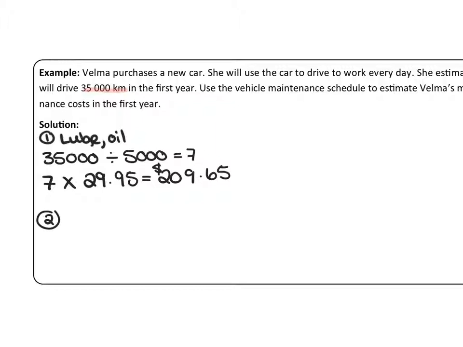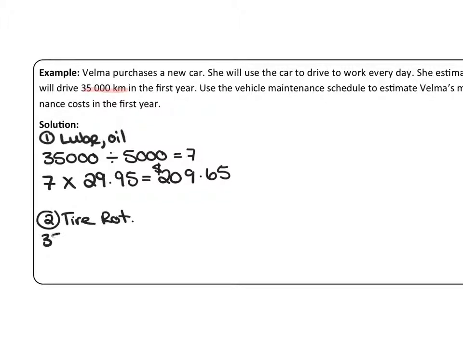Let's do the second one. I like to go down the list and see how many of those I actually have to do. So this one's the tire rotation. It says that you should go for it every 10,000 kilometers.